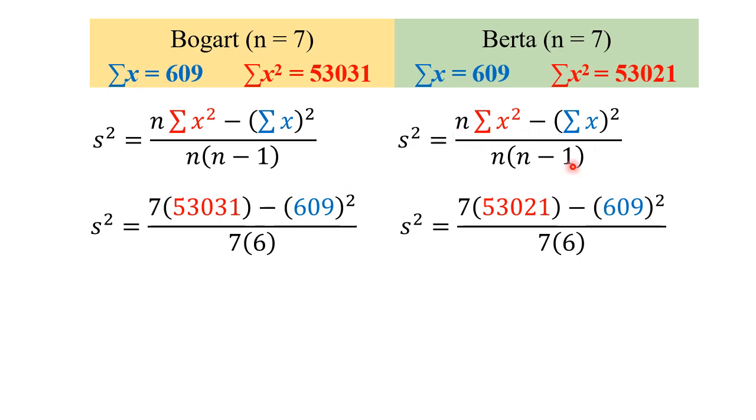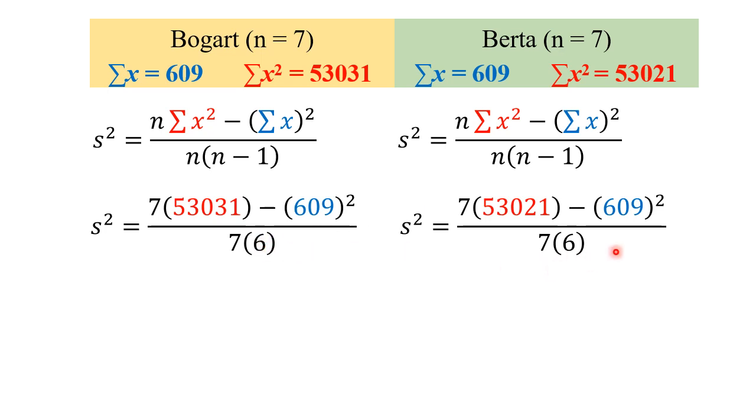Likewise, for Berta, it's similar. There are also 7 different subjects, thus giving us 7 grades as well. This is the sum of the squared grades of Berta minus the total sum of the grades of Berta squared, then divided by 7 times 6 as well.